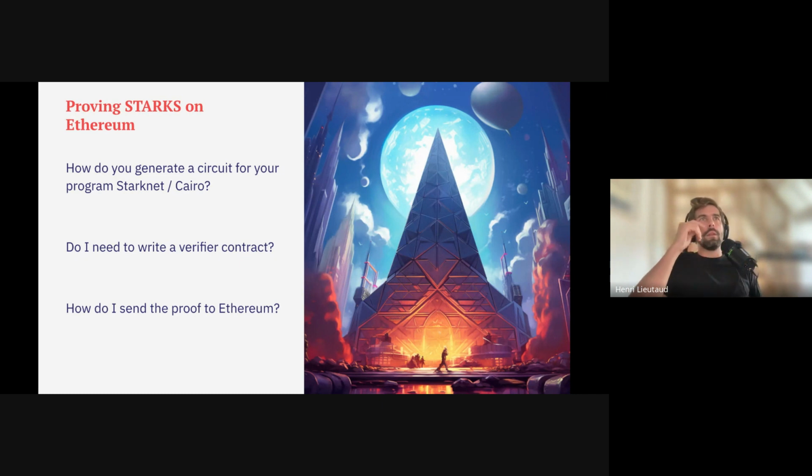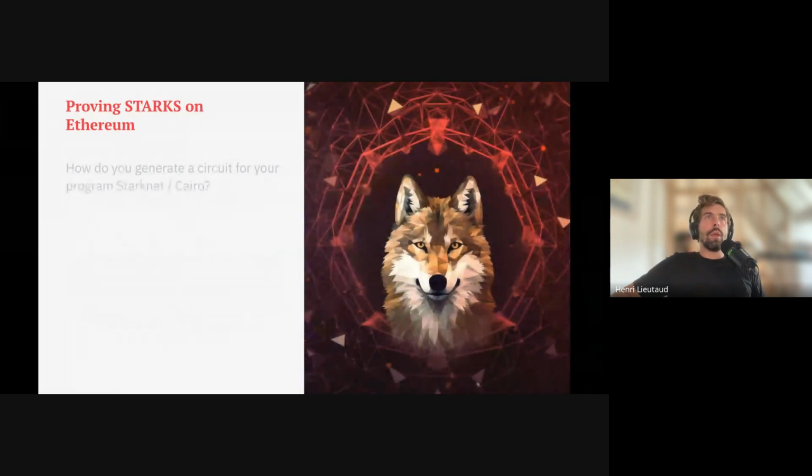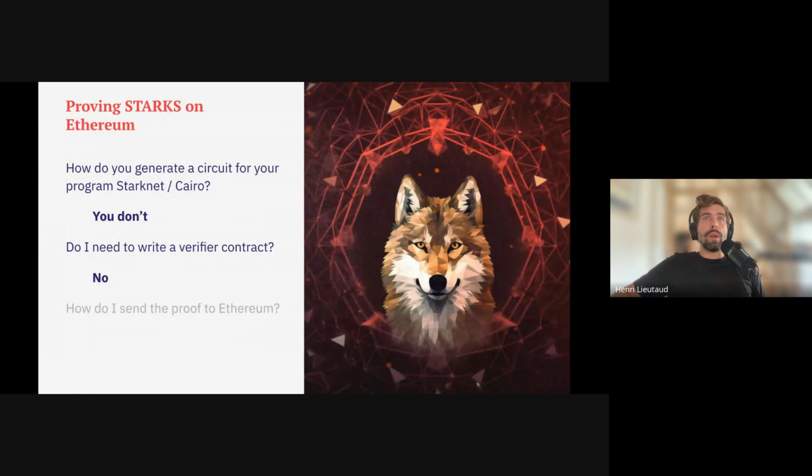The one thing I want to underline is that when you're writing a Cairo program, you don't generate a circuit for your program. You don't generate a verifier, you don't need a verifier contract, and you don't need to send the proof.